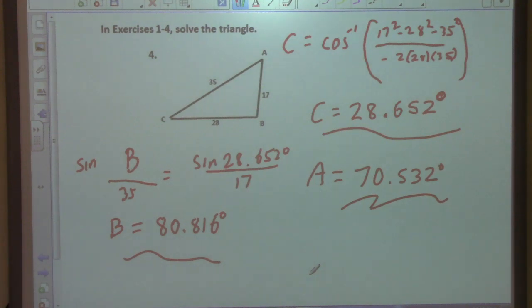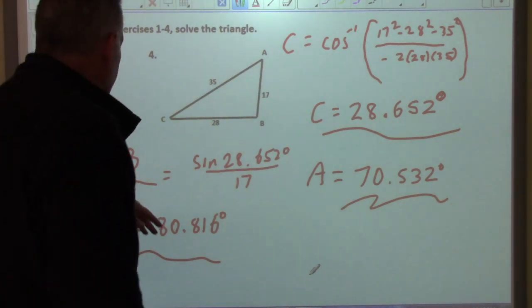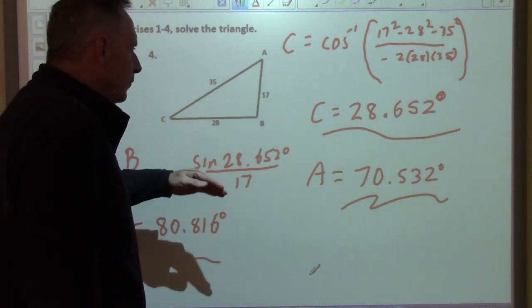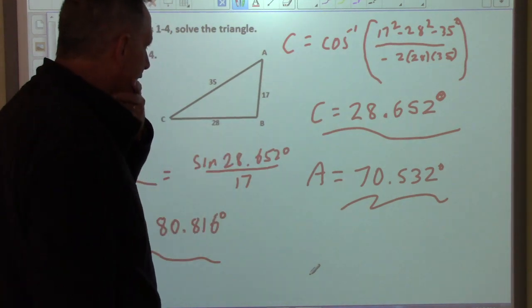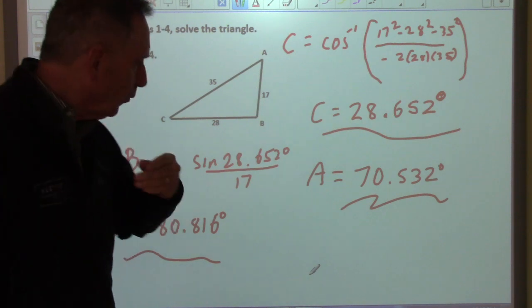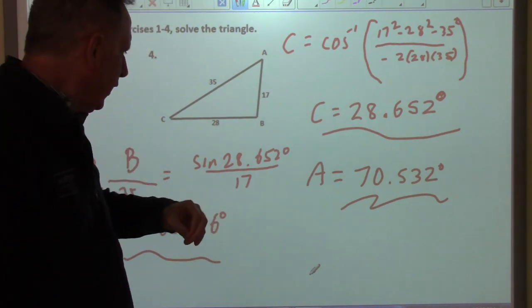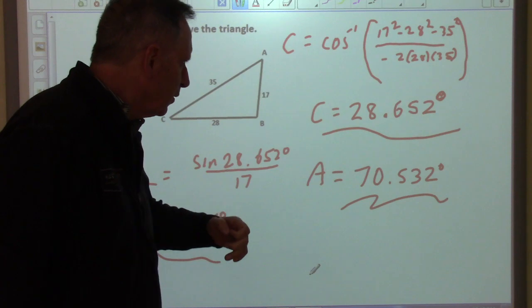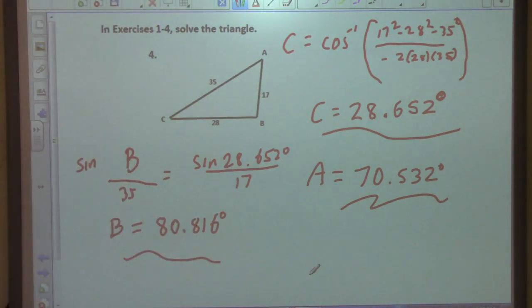Now, the first one is right, which is 28.6. So let's do this first. This is right, but what happens is the inverse sine of... let me look at the answer.